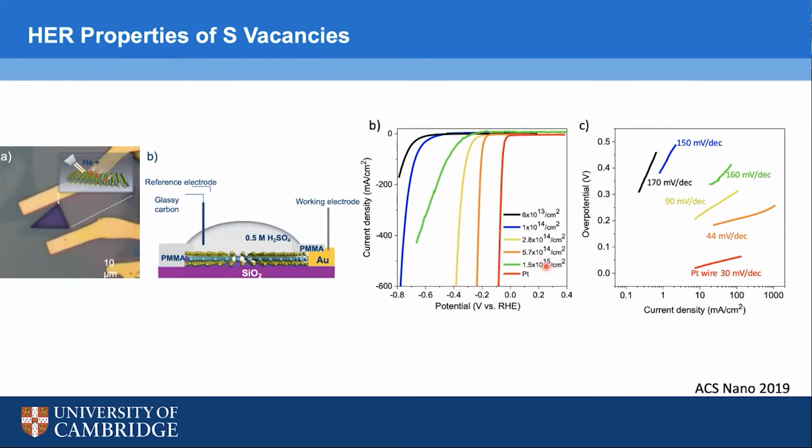When you start introducing structural damage, you disturb the contact, you increase the contact resistance, and you also decrease the electronic transport. But there's an ideal vacancy concentration of around 5.7 × 10⁻14, where we get the best catalytic performance with good Tafel slopes.